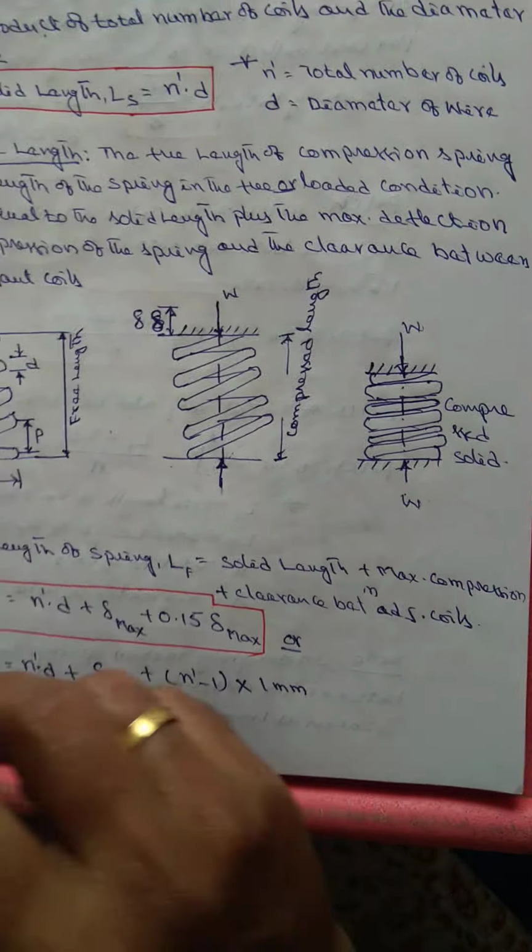So LF is equal to N dash D, the solid length we already defined, when the load is applied all the coils come into contact with each other, plus delta max plus 0.15 delta max. In other words, we can rewrite LF is equal to N dash into D plus delta max plus N dash minus 1 into 1 mm.